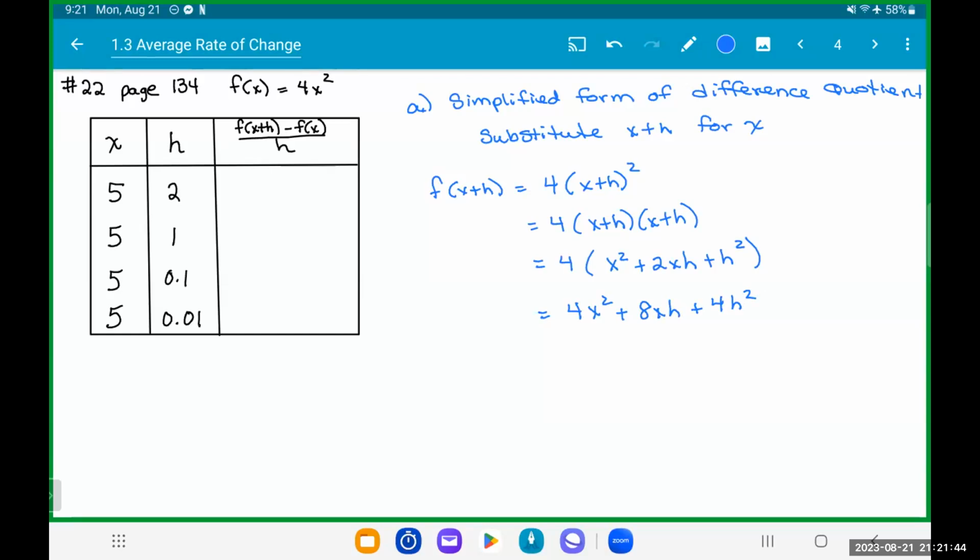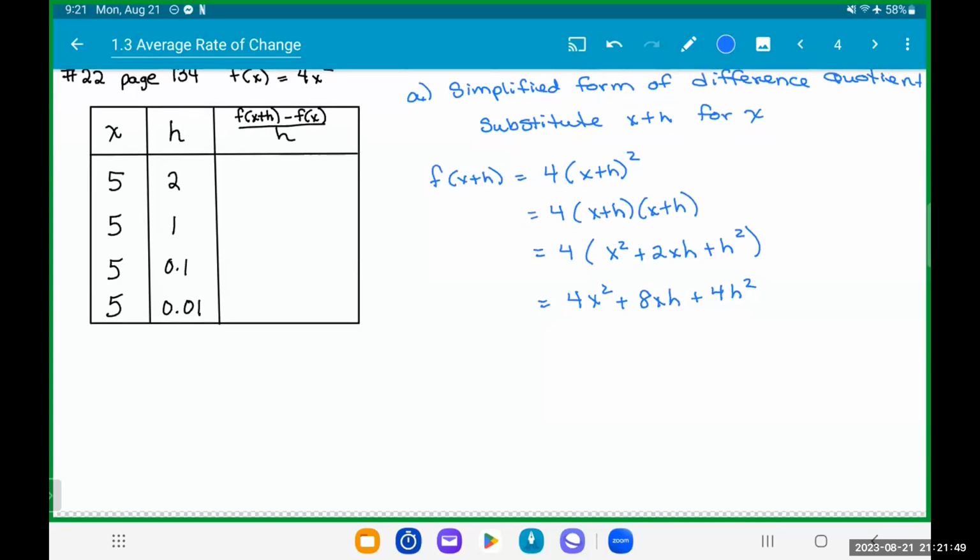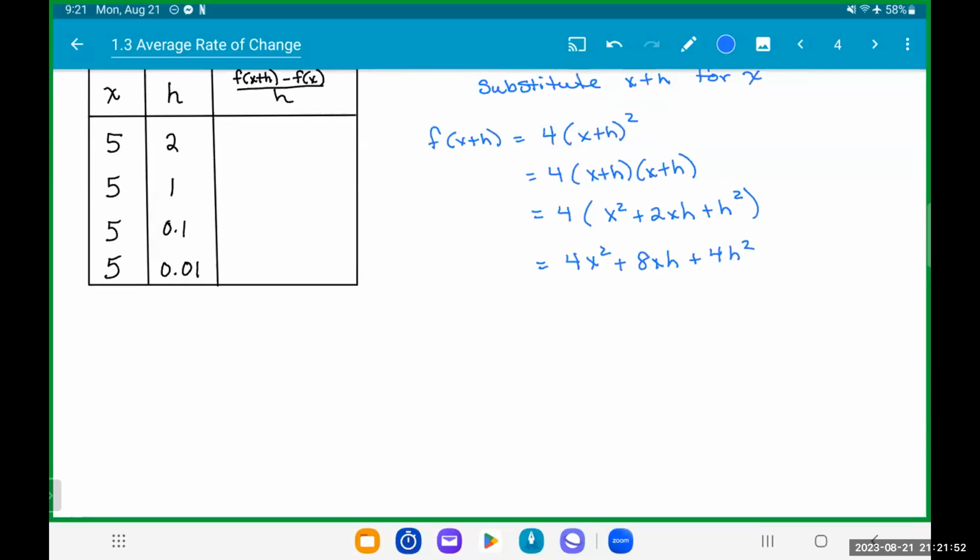All right, so now the difference quotient. Remember I put on the other page, it was f of x plus h minus f of x divided by h, right? So we just substitute that in. I've already calculated all of this.